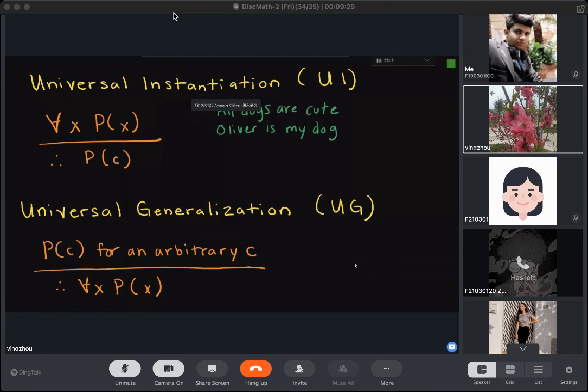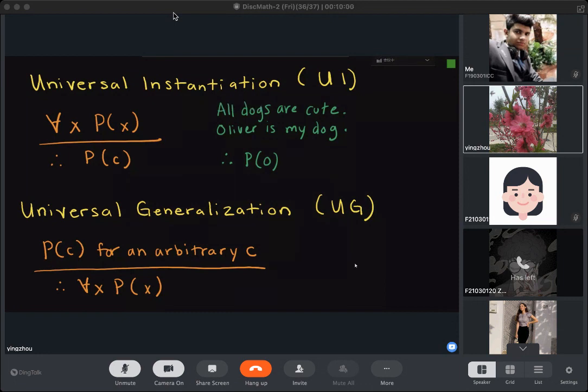This rule essentially allows me to get rid of that quantifier of for all and instead talk specifically about one element in the domain. My dog Oliver is an element in the domain, and therefore I can say that P(O), we just use O for Oliver, which essentially means Oliver is cute.